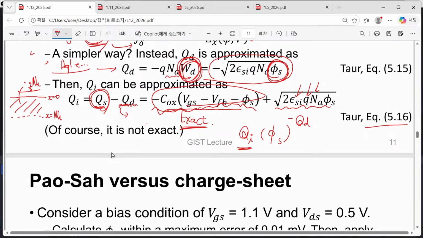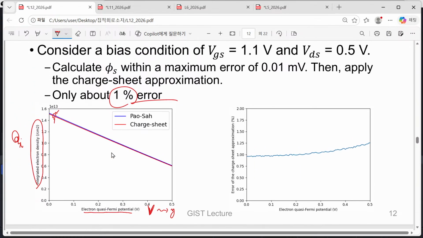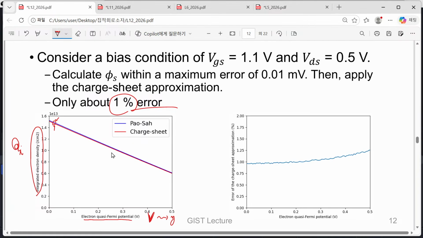This is really exact, and the accuracy of this approximation really depends on the quality of our depletion approximation. When the depletion approximation gives us a reasonably good result, then that is quite reasonable. And this one just shows that in our case, this is really good for our practical case.